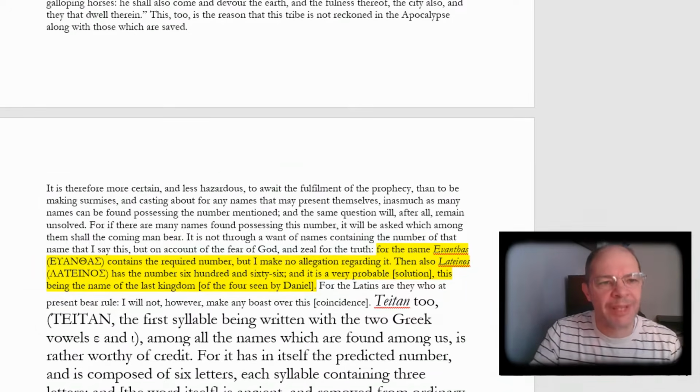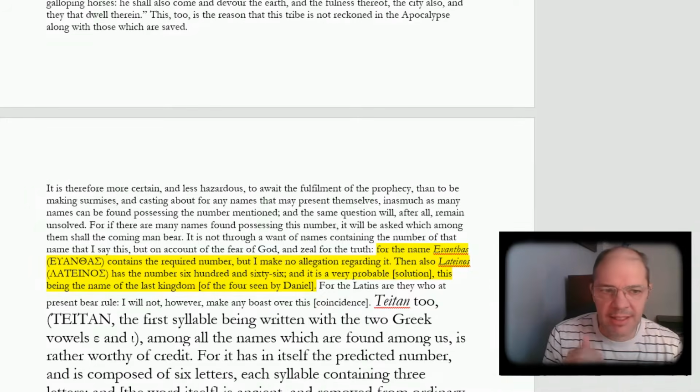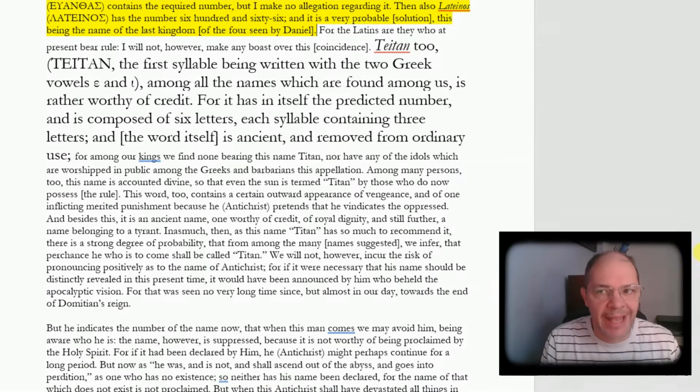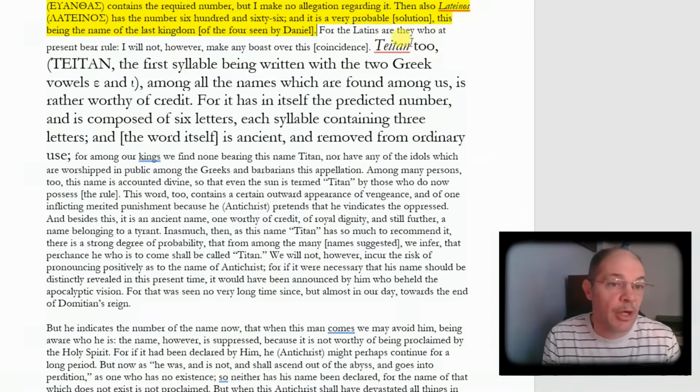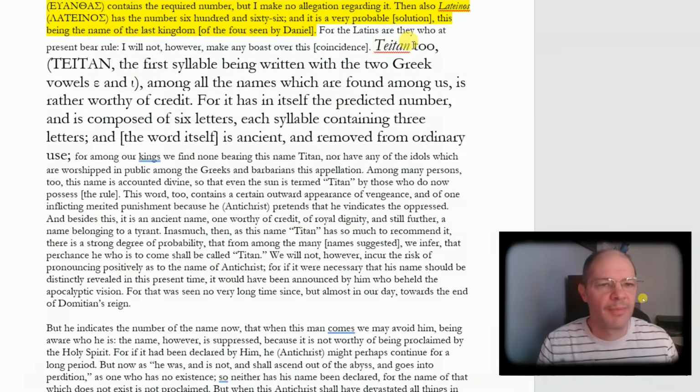Irenaeus goes on for some time talking about another name. He elevates this name. He has discussions with his colleagues about this name. They don't want to affirm the name of the beast, probably because it will be revealed in the end. But this is the name that they believe it could be. It's highly probable. The name is Titan, but it is written Teitan and is calculated to be 666.